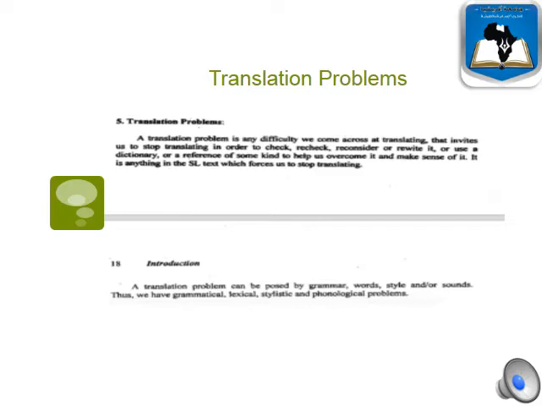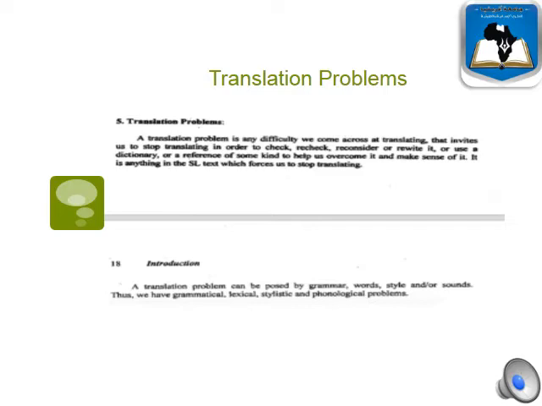You need to do double checking when you translate something in order to avoid problems. You may need to consult a reference, a dictionary, a special dictionary, for instance medical terms if you are translating something in medicine.